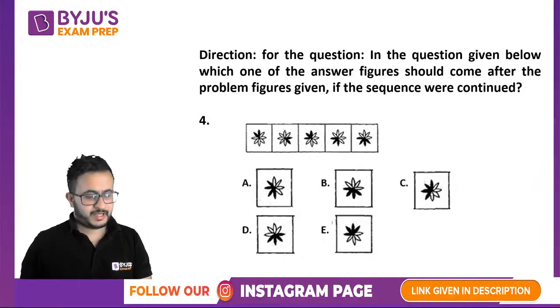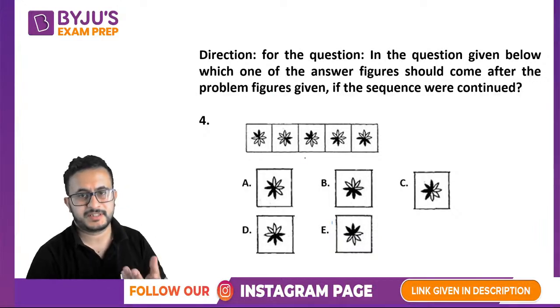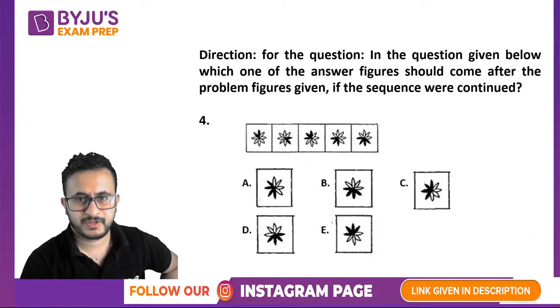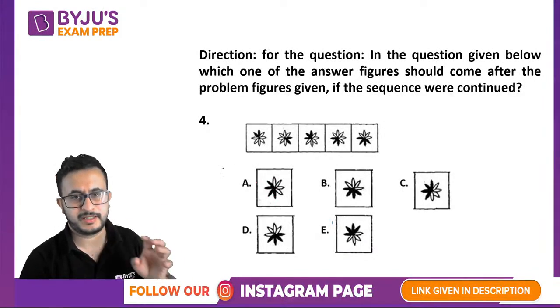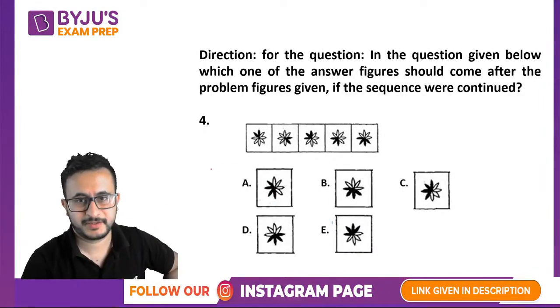So let us see what will be the next image in this series. First of all, this has two petals, this has two, this is three, three, four, four. So it should have four petals painted. If any of the images has more than four, you can reject that option, but there is no such image, right? So that is fine.